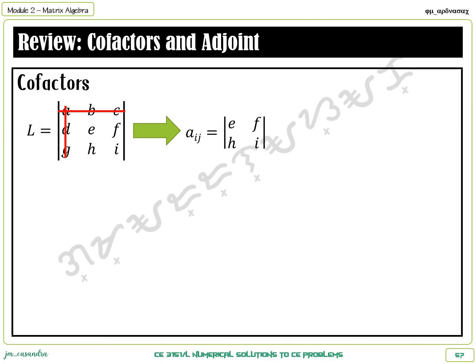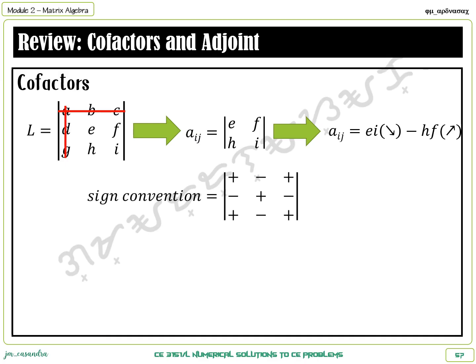Once we have identified your minor matrix, we compute the equivalent value, which is the sum of the products of elements moving down minus the products of the elements moving up.